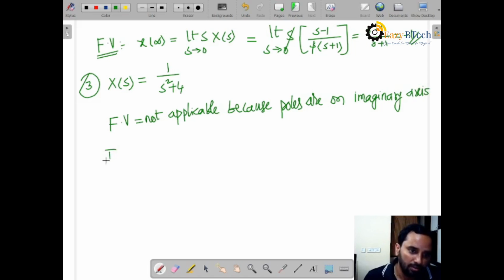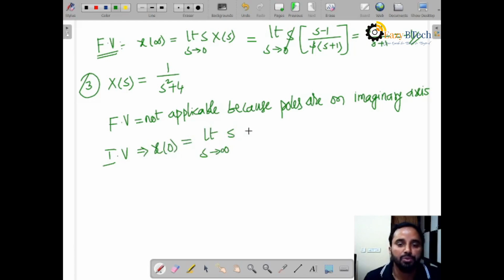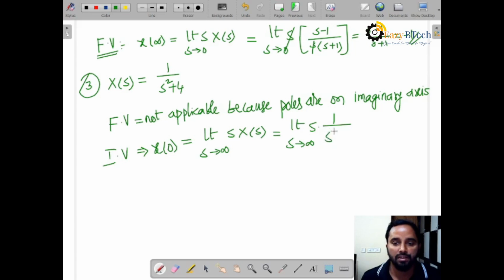Now the initial value. The formula is X of 0 is equal to limit s tends to infinity of s into X of s. Substitute X of s, limit s tends to infinity of s into 1 by s square plus 4.